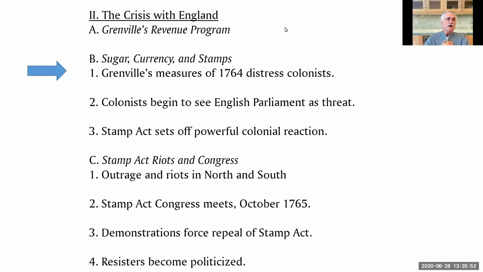People in the American colonies particularly had an idea that the Parliament, and in particular the House of Commons, was a check or a restraint on kingly or monarchical power. But when the Parliament passed these laws, Americans in the colonies began to think that the entire Parliament was corrupted. And so they began to see Parliament as a threat.